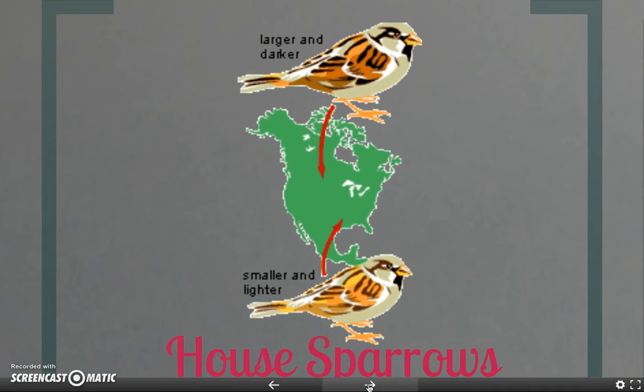One example is the house sparrow. House sparrows are the most common birds in the world. They are all over the world. They have been written about since the beginning of written record by humans. They, however, had not come to North America until 1852.